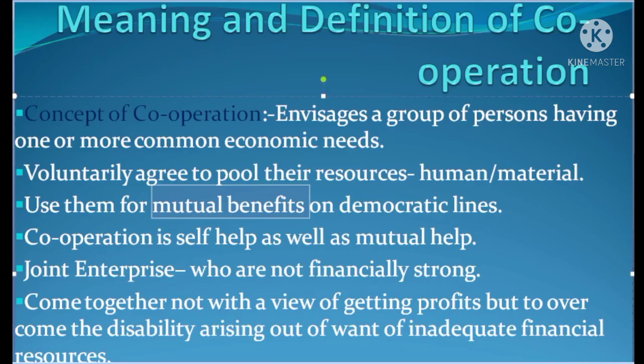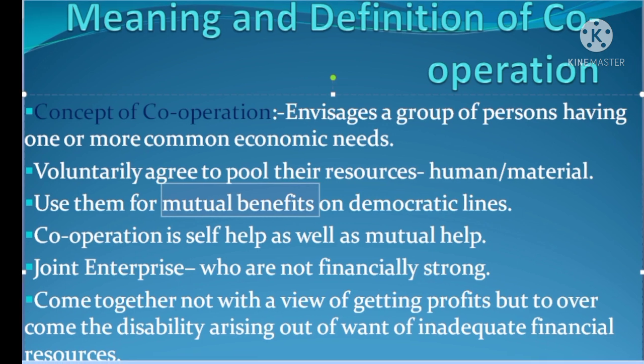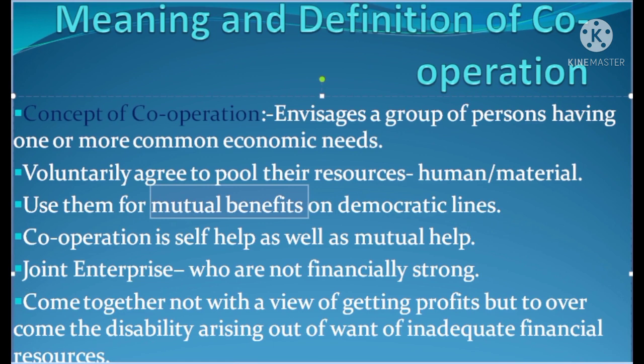Now let's begin with the meaning and definition of cooperation. The concept of cooperation envisages a group of persons having one or more common economic needs. Here two things are important: one, a group of persons, and two, common economic needs.